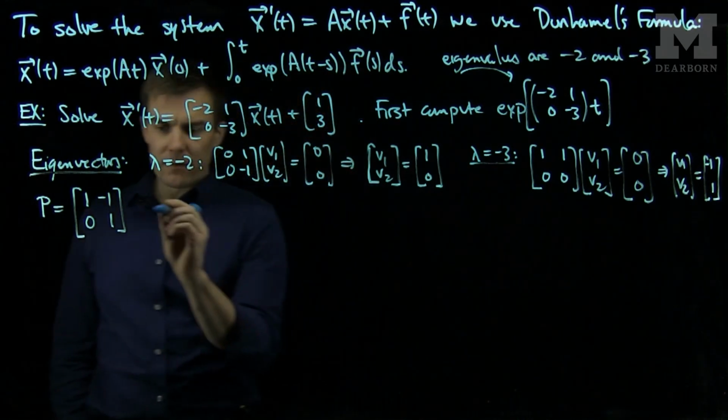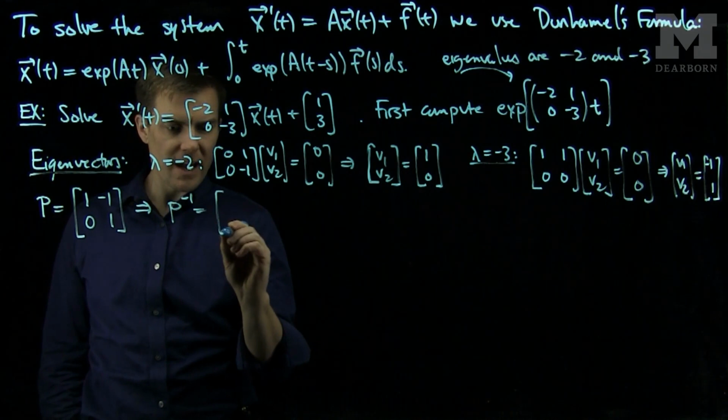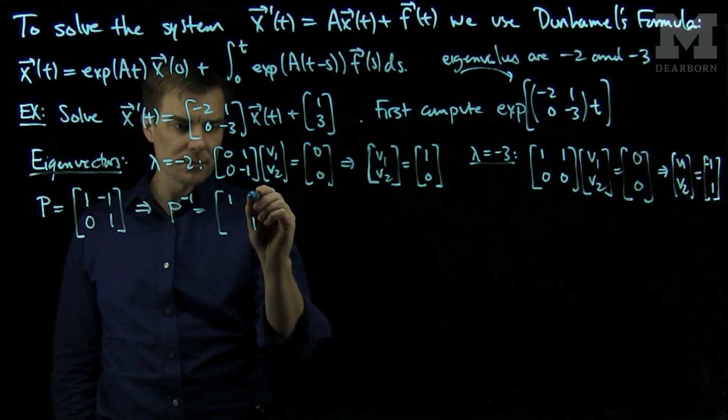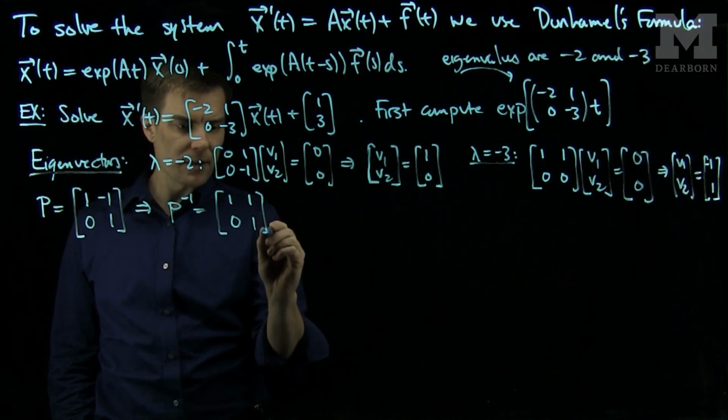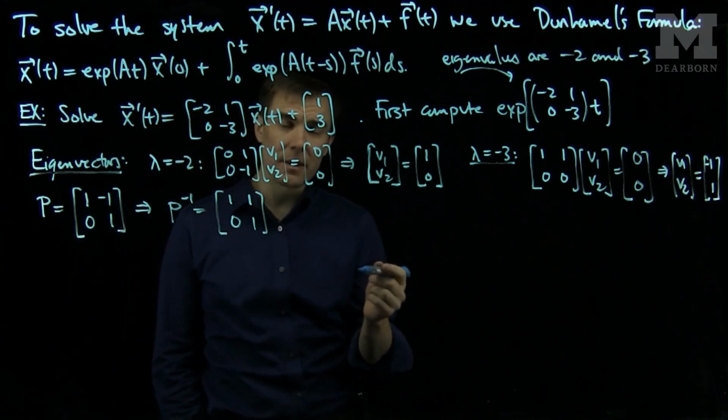Now I can find the inverse of P by flipping the diagonal entries, negating the off-diagonal entries, and dividing by the determinant of the matrix, but the determinant of the matrix P is equal to 1, so there's no need to divide by anything.